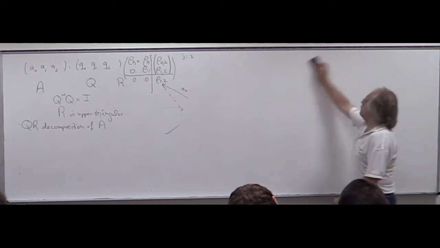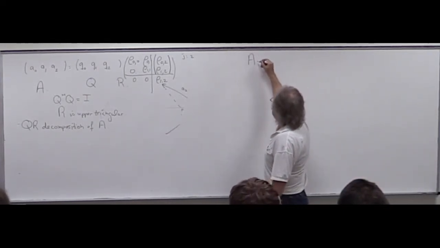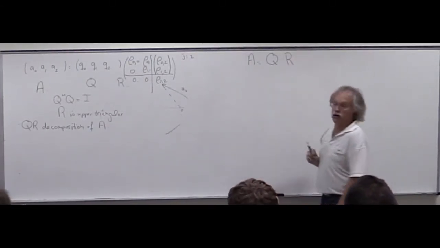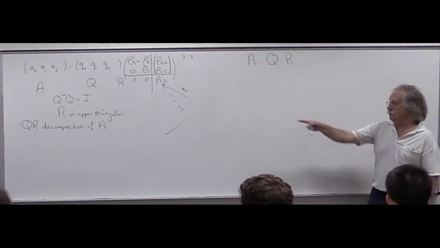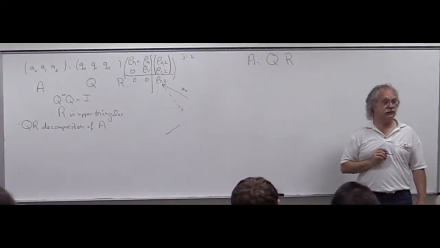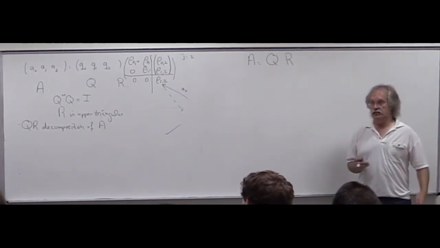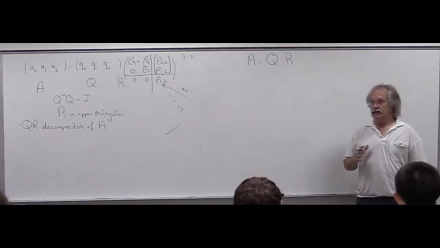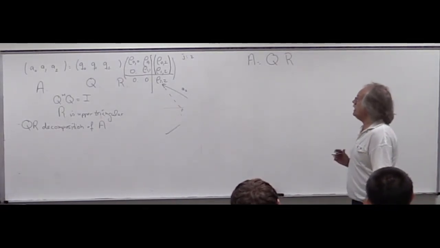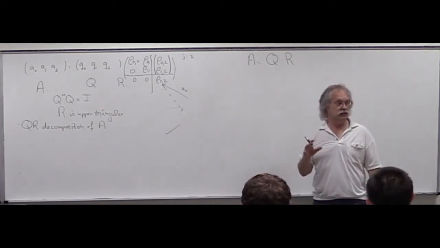I don't like thinking about individual elements. So we know that we have a matrix A for which we would like to compute a Q and an R. Okay? With the stated properties that I stated right there. Okay? What do we like to do in this class? We like to slice and dice. So the way I like to slice and dice this, remember, I only know how to count to 2.